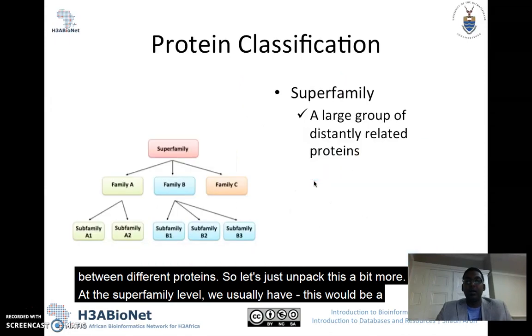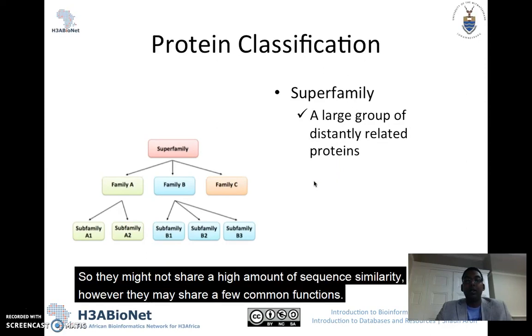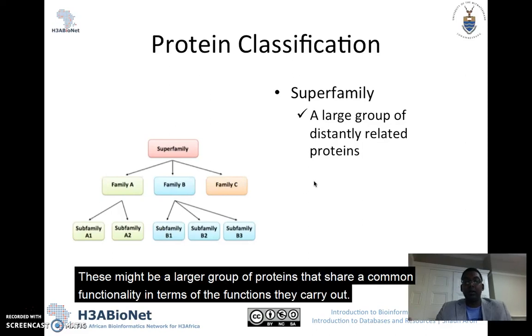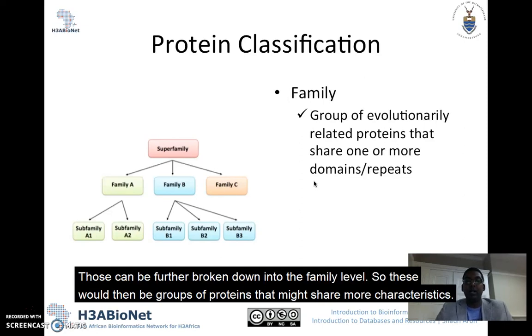At the superfamily level, this would be a large group of distantly related proteins. They might not share a high amount of sequence similarity, however they may share a few common functions. So these might be a larger group of proteins that share common functionality in terms of the functions that they carry out. Those can be further broken down into the family level.